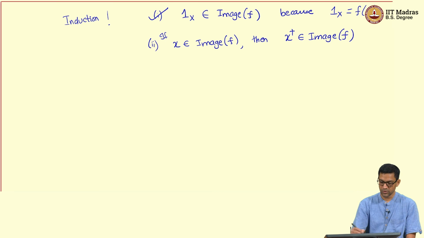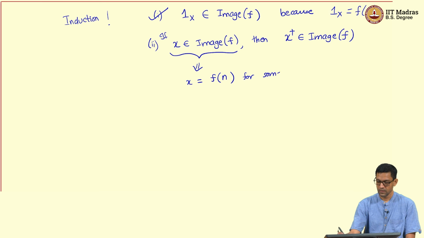Now, let us see why this is true. Let us start with the given assumption. We know that x is in the image of f. What does this mean? This means that x can be written as f evaluated at some natural number n. Now, we need to ask whether x plus can also be written as f of some natural number. I want to know whether I can write x plus in the same way as f of something.